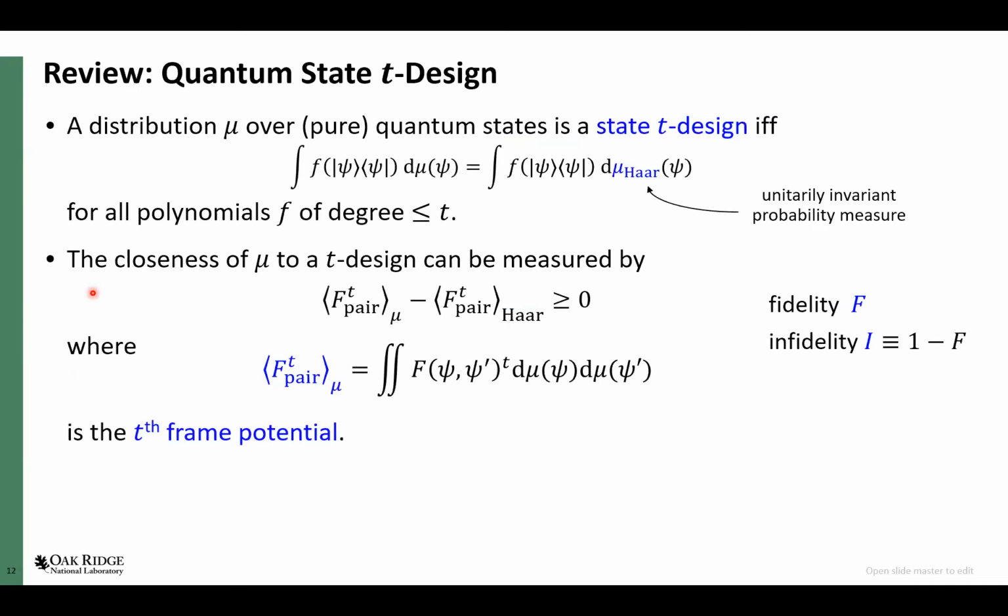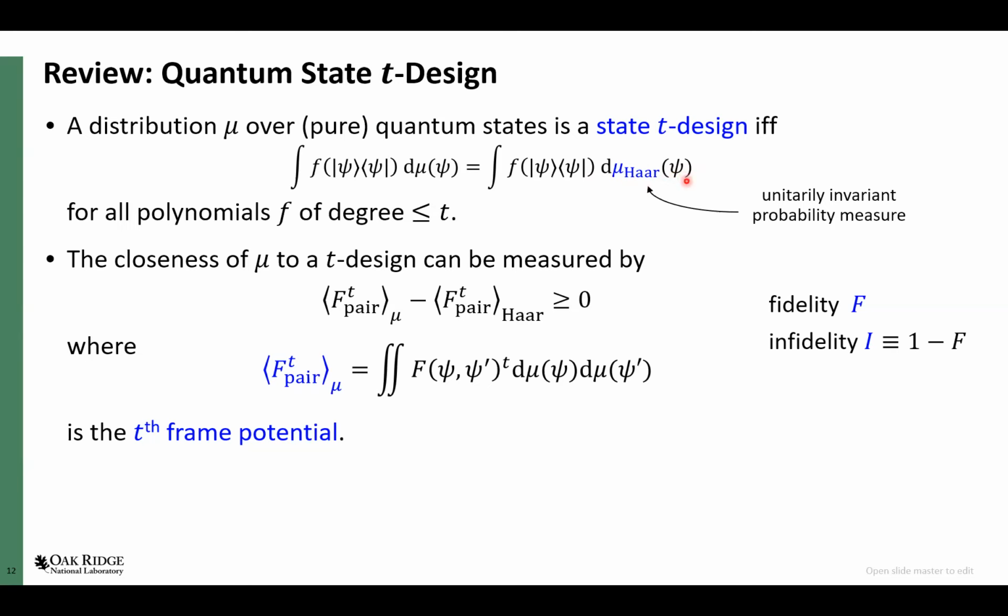Okay, so in this next section, I'm going to talk about something called quantum state T designs and frame potentials. Just a bit of background. Let's say you have some distribution mu over quantum states. That's called a state T design if the average value of any degree T polynomial is the same as averaging that polynomial over all quantum states.